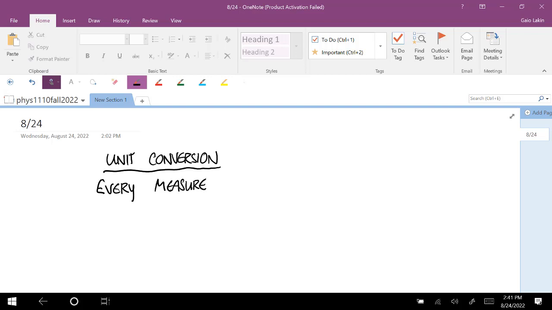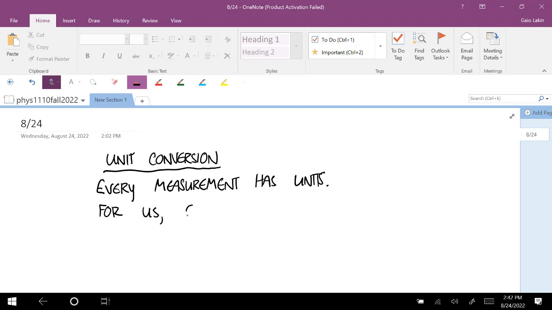If you measure a distance, your unit might be feet or meters or centimeters or something. And in this class, every unit that we deal with will be some combination of three basic types of units. There are a few others out there, but we're not going to talk about them in this class. In Physics 2, you would talk about some of those, maybe all of those.